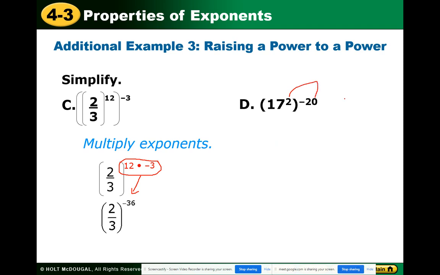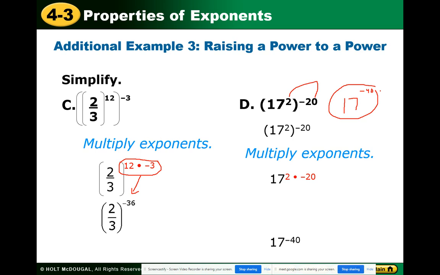Okay, so I'd get 17 to the negative 40th. So all our rules that we've been working with integers still apply. He's got that same and good answer. Now, with this, we could actually think of it as saying, okay, so could I put the 17 to the second over 1?